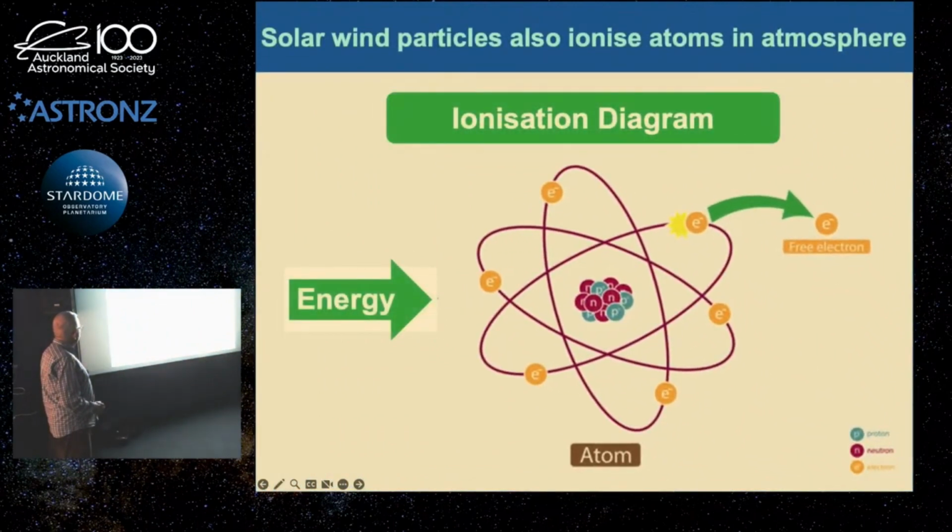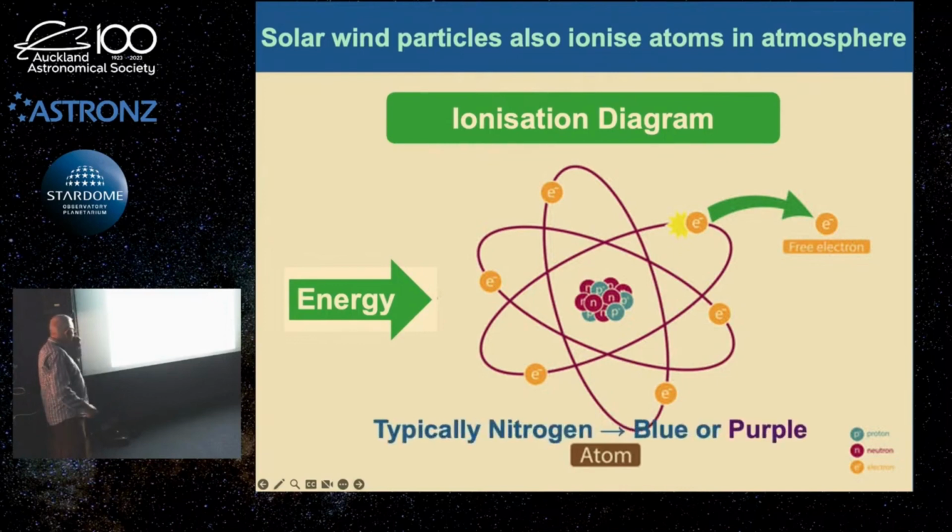And then there's the principle of ionization, where you're not just bumping an electron up to another excited state, you're actually booting the electron completely away from the attraction of its nucleus. So it gets completely booted off, and that process is called ionization. In the context of aurora, that typically involves nitrogen, where one of these charged particles boots an electron right off the atom, but the electron then comes back again and emits light in the process.